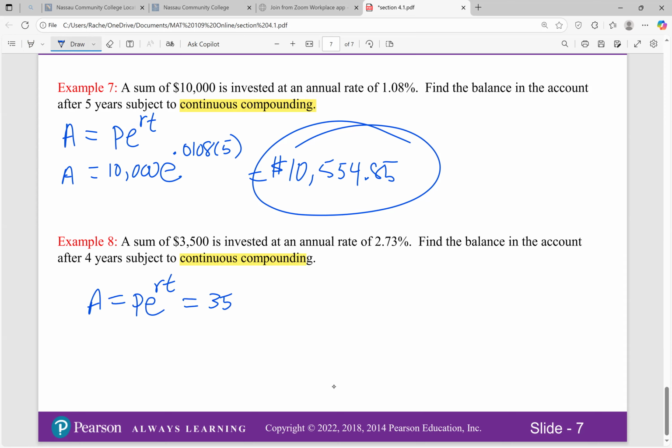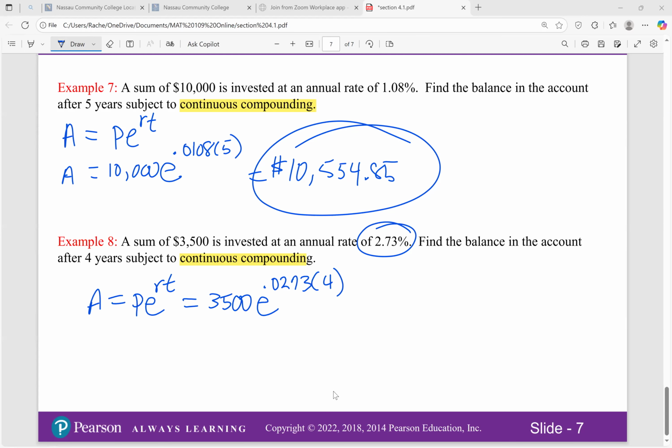In this case, the principal is 3,500 times e now to my rate, which when I convert it to a decimal is going to be 0.0273. And then we have to multiply that by t, which is 4 in this case, because we're doing it after 4 years. So we're going to have 3,500 times e to the 0.0273 times 4. And we could go ahead and plug that in the calculator.